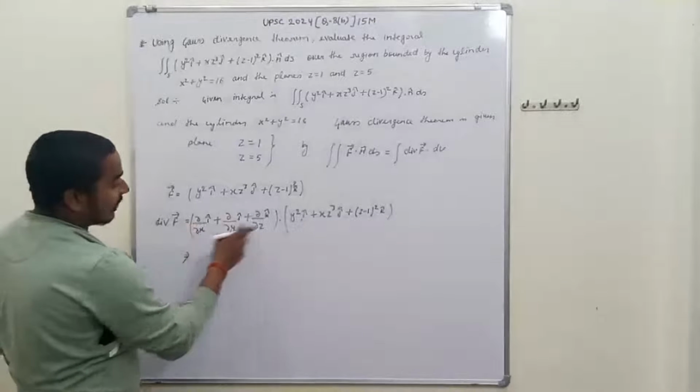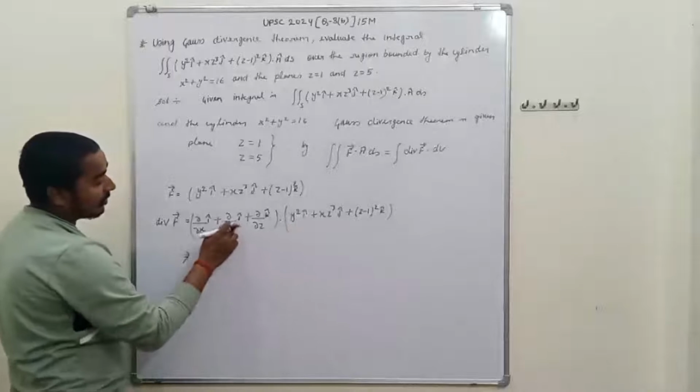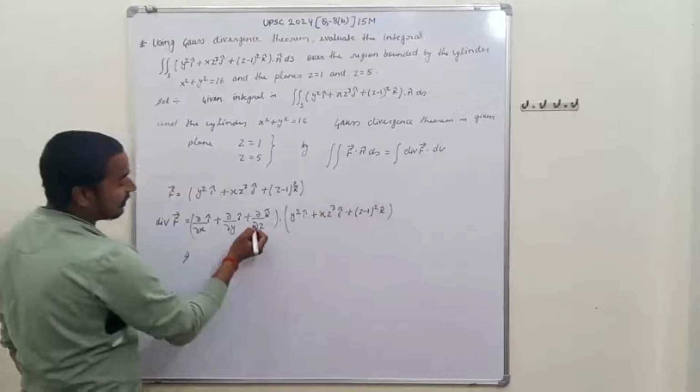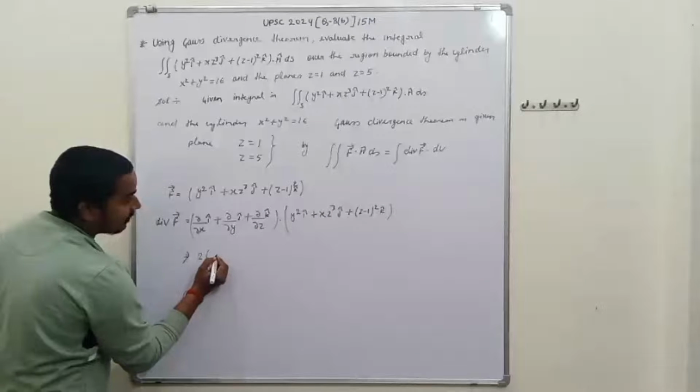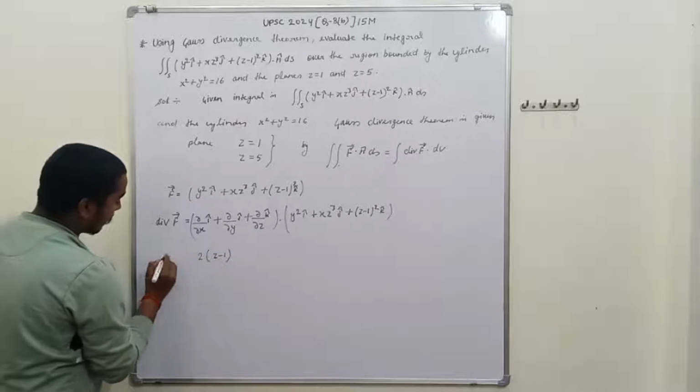Del of y square by del x is 0, because x is not present, and for y the coefficient is not present, so this is also 0, and for the third, del by del z gives 2 times (z minus 1), which is the divergence of F.